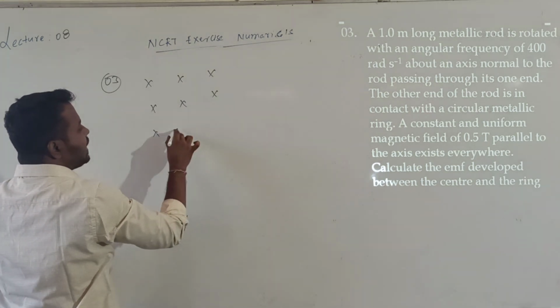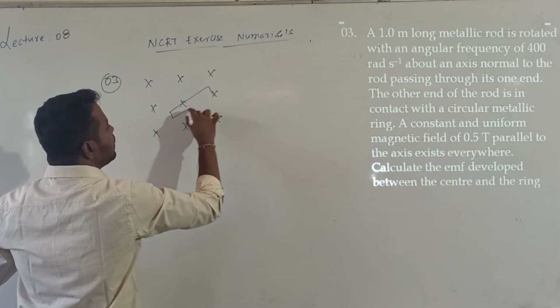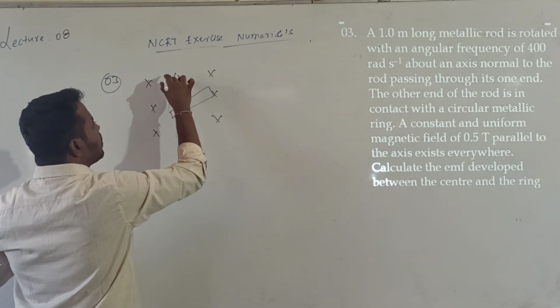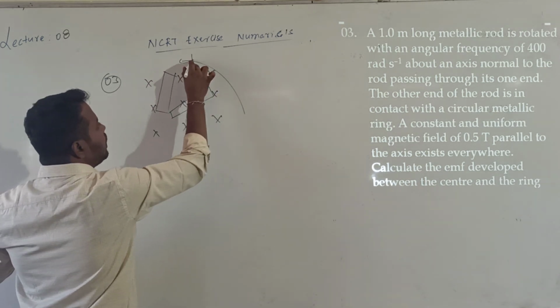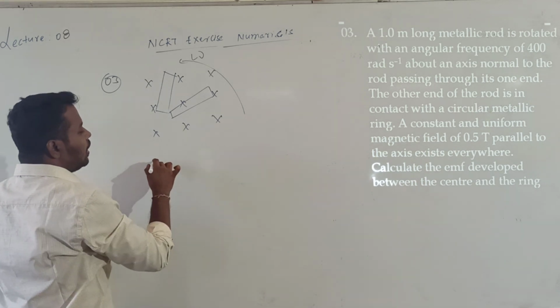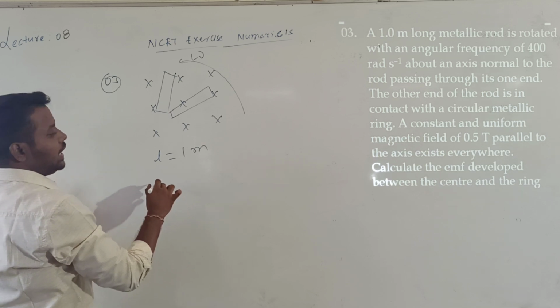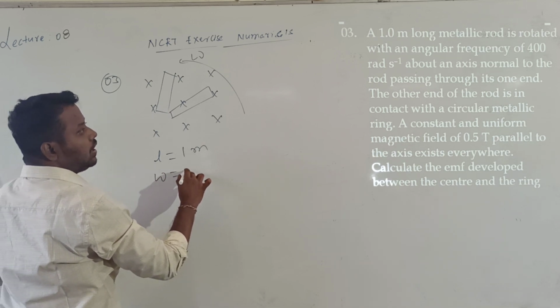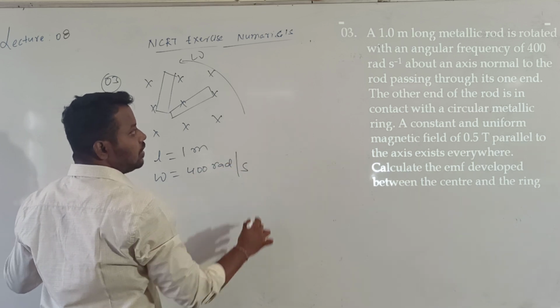Because I discussed the derivation in the last class, now I can write this formula directly. So the rod is rotating in an external uniform magnetic field with an angular velocity omega. What is the rod length given? The L value is 1 meter, rotating with an angular velocity omega value of 400 radian per second.